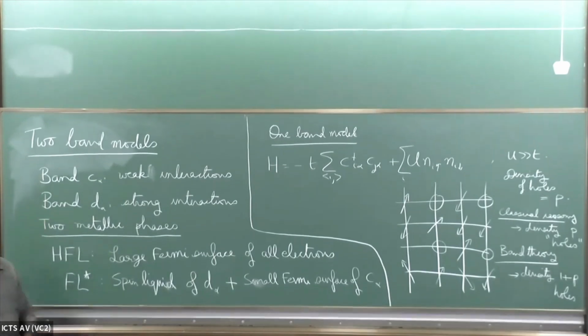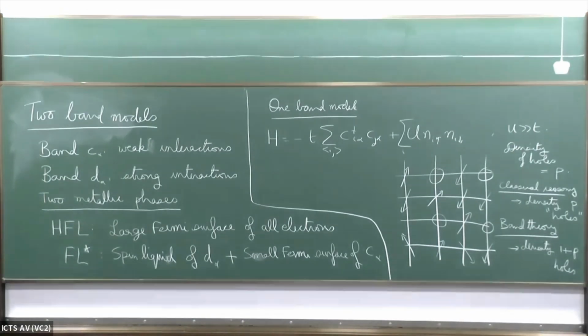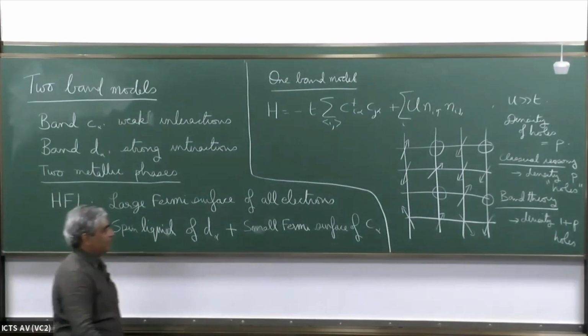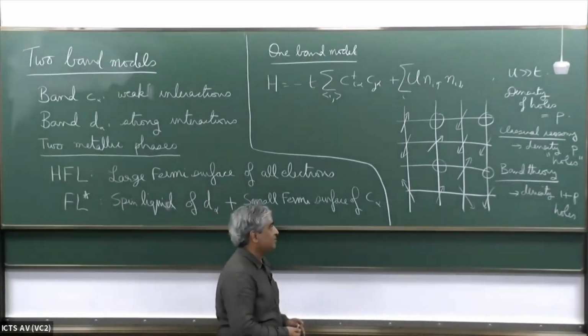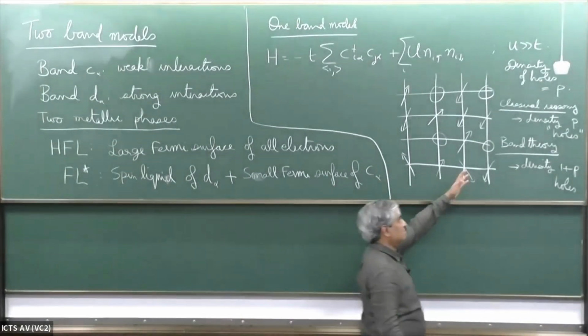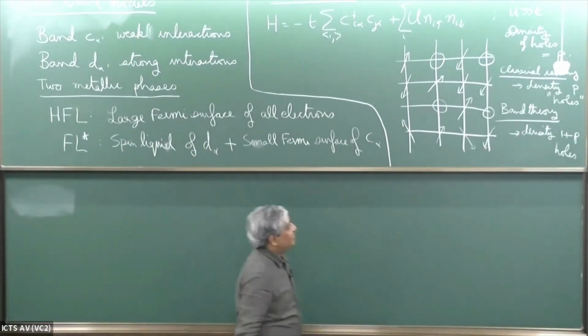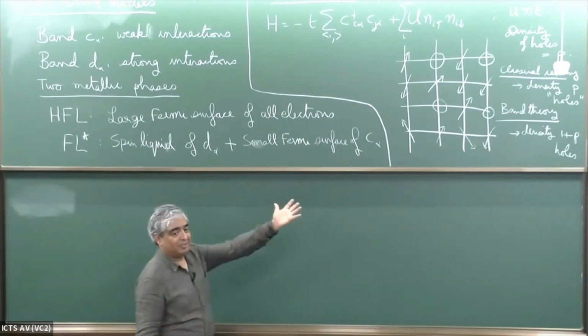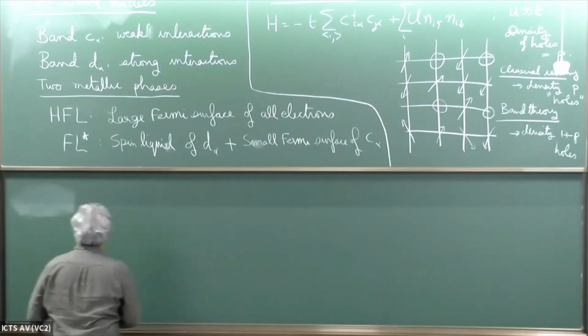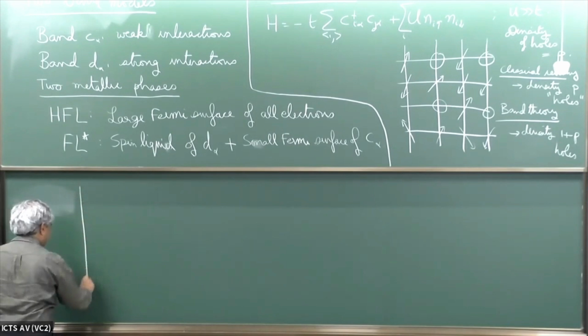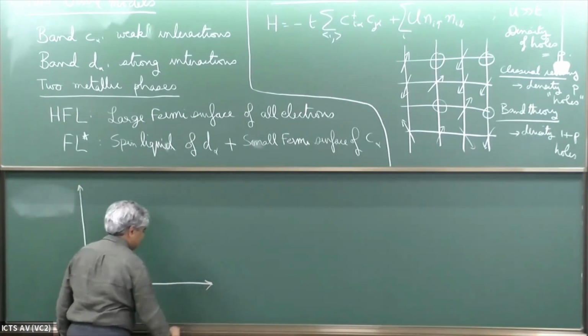Okay. So in experiments, there's the low doping regime, sometimes called the pseudogap regime, where it seems like in many experiments, it roughly looks like there's p holes. And there's a high doping regime where there's 1 plus p holes. So that's pretty much what you see. So this very naive theory really works.